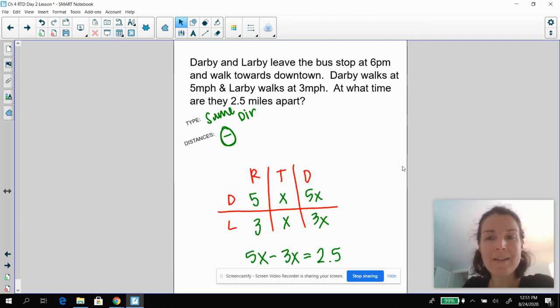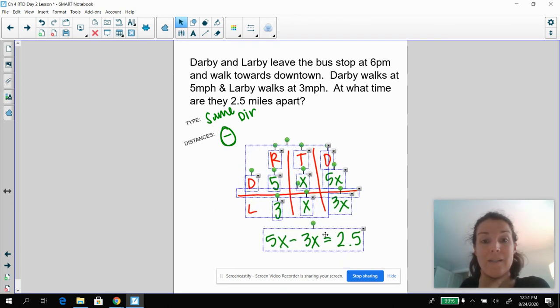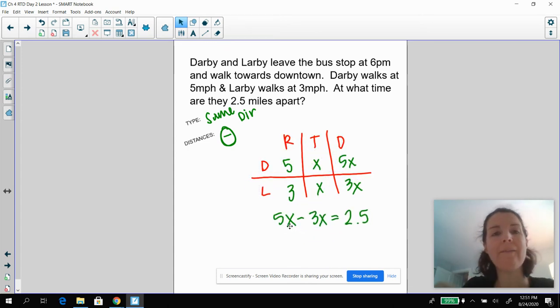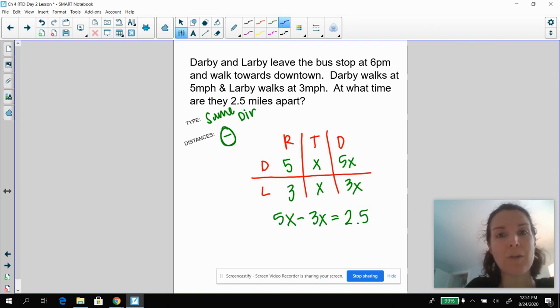Okay, we're back together. Is this what your RTD chart looked like? Pretty straightforward, right? Because they're leaving at the same time, there's no x minus 1 or t minus 1 for the time. And then all we've got here is 5x minus 3x equals 2.5. And remember, you have to do 5x first because that's the faster person.